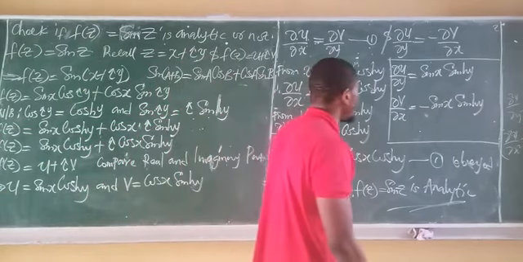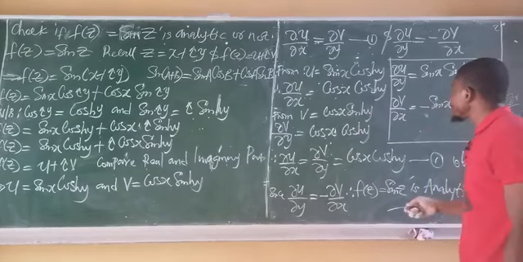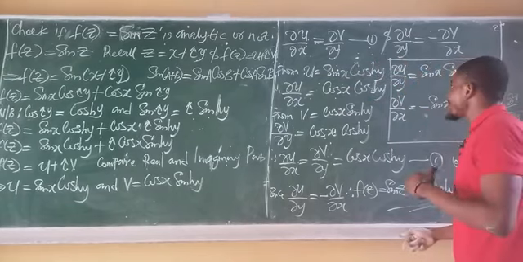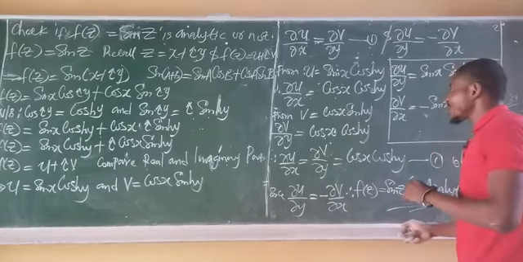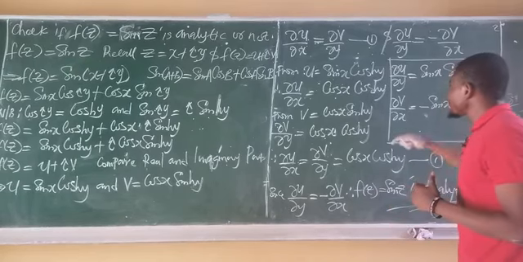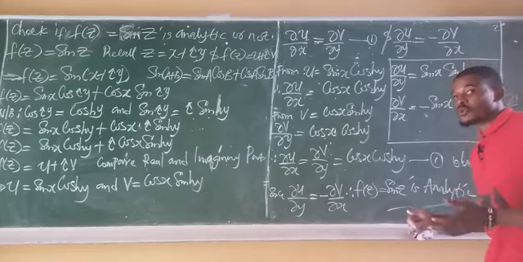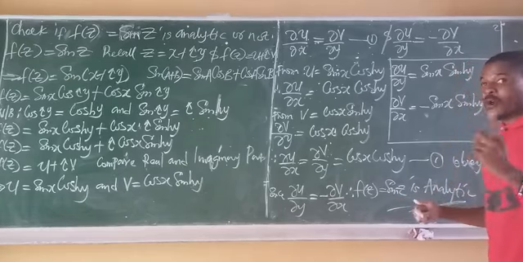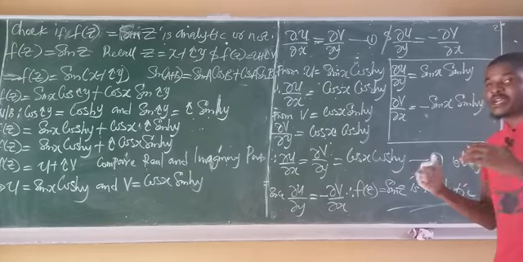So please also take note that when you differentiate the cosh of a hyperbolic function, you have a positive sinh, and when you differentiate the sinh of a hyperbolic function, you have a positive cosh.